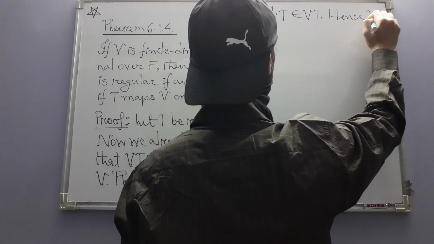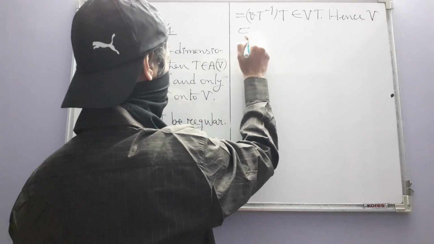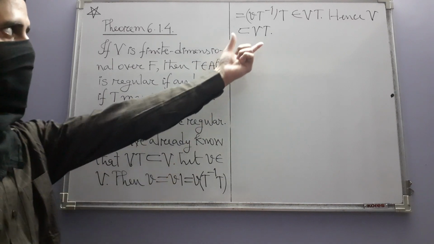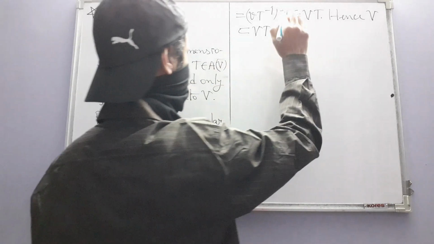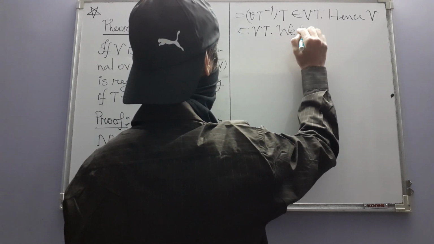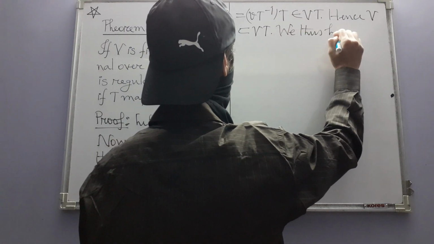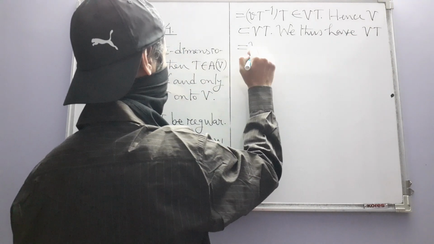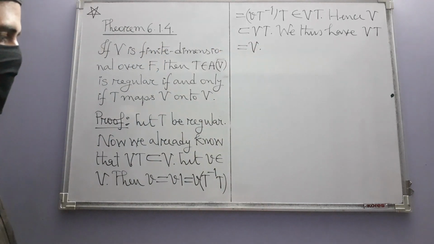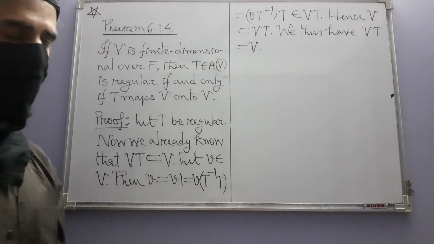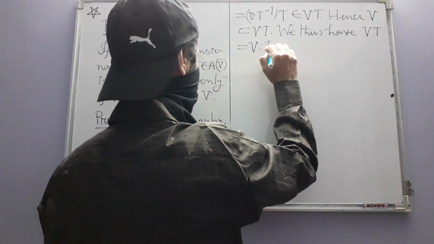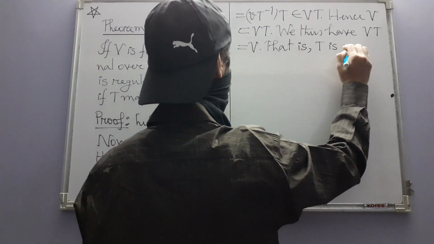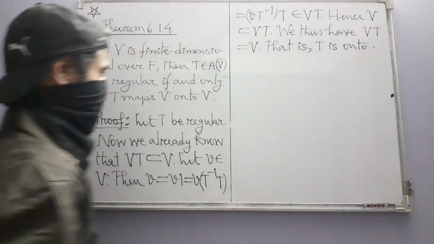So any vector in V is also in the range of T. Hence, we have the other inclusion as well. Now you combine these two inclusions and get equality. But that just means that T maps V onto V. That is, T is onto or surjective.